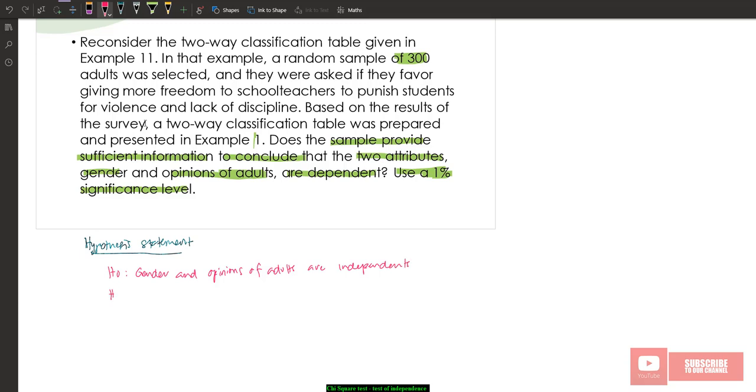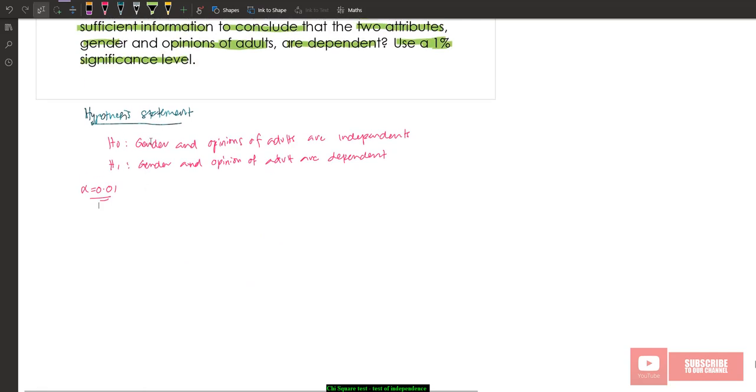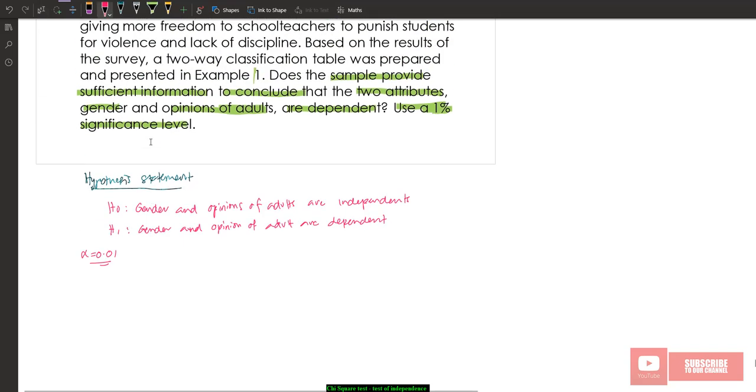The alternative hypothesis: gender and opinion of adult are dependent. So our alpha here is 0.01. So now, since we already calculated the expected frequency, now the test statistic.